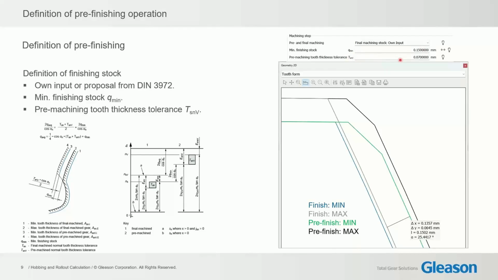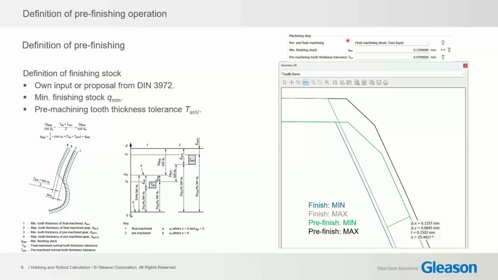The new values are recalculated, and we keep the same pre-finishing tooth thicknesses in the old and in the new release. So we adjust the minimum finishing stock and pre-machining tooth thickness tolerance so that we have the same pre-finishing geometry in both files.